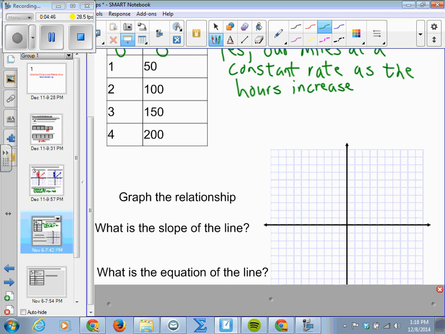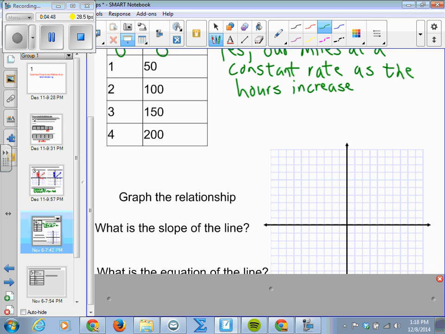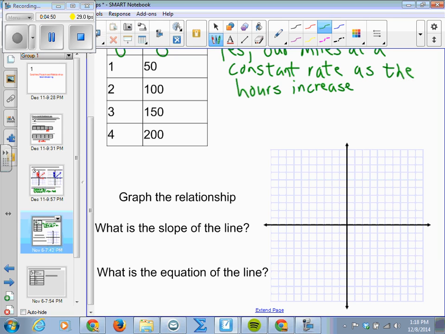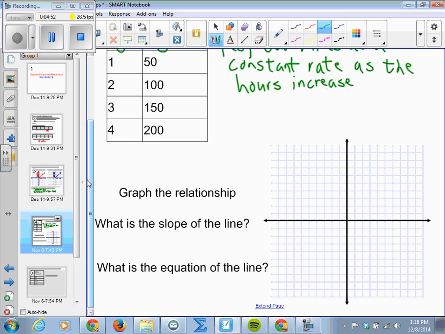Now, if we graph this, we're going to set this up. We've got our 1, 2, 3, 4, and we're going 50 miles per hour. We have our 0, 0 point, our point at 1, 50, 2, 100, 3, 150, and 4, 200. You guys can graph how you want to, but the easier graph we can make, the better.